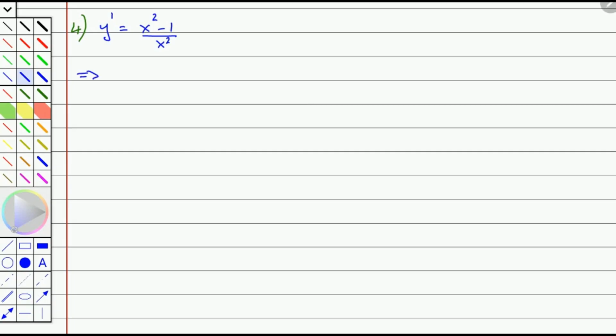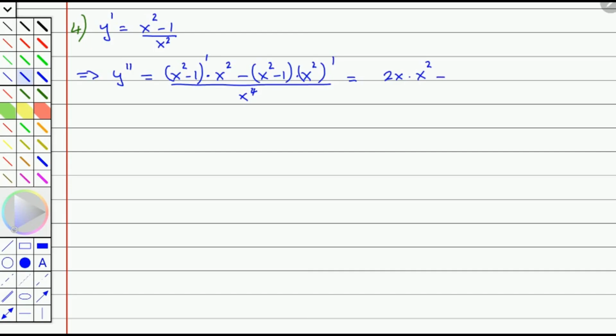So the second derivative, y double prime, is going to be (x squared minus 1) derivative times x squared minus (x squared minus 1) times (x squared) derivative over x to the fourth, equals 2x times x squared minus (x squared minus 1) in brackets, don't forget them, times 2x divided by x to the fourth.